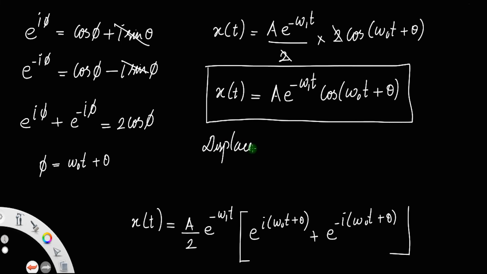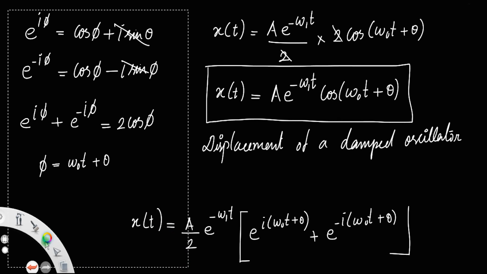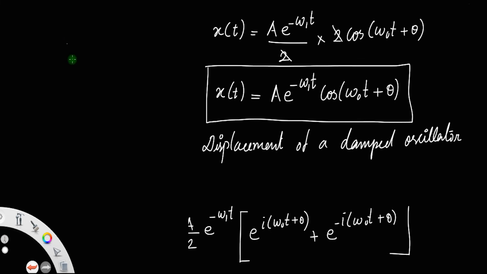This is the displacement of a damped oscillator after time t. Clear? Here omega 0 is the angular frequency.